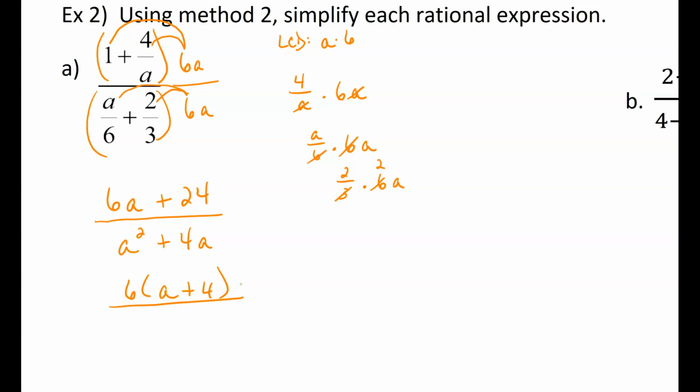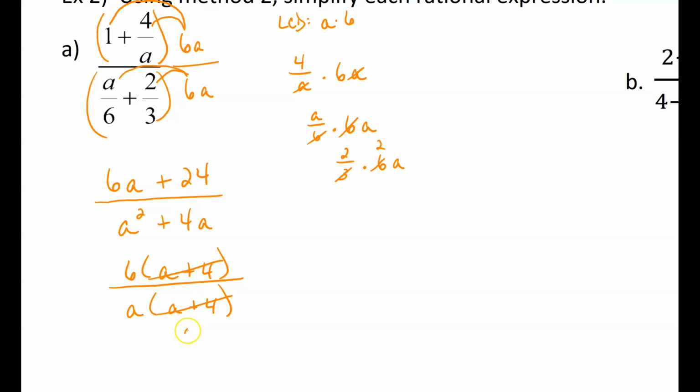And from my denominator, A, which leaves me with A plus 4, which now means I have a common term in both the numerator and the denominator that will divide out, and I'm left over with 6 over A. I know A can't be 0, but I have divided out the other term, which is negative 4.